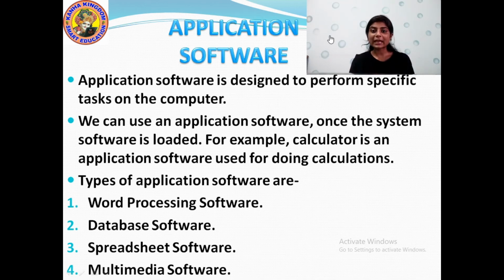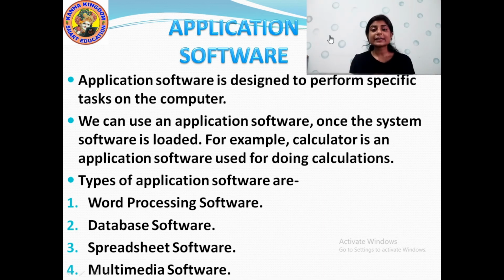Suppose you want to paint or you want to draw, you want to listen to music, you want to write a letter, whatever you want to. These all are done with the help of application software. And application software works only when you install a system software in a computer. Without installing a system software in a computer, you cannot use the application software.